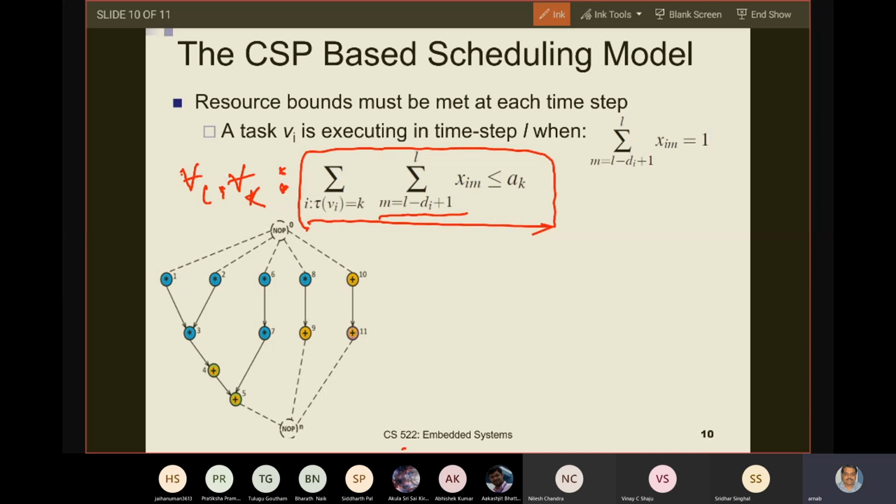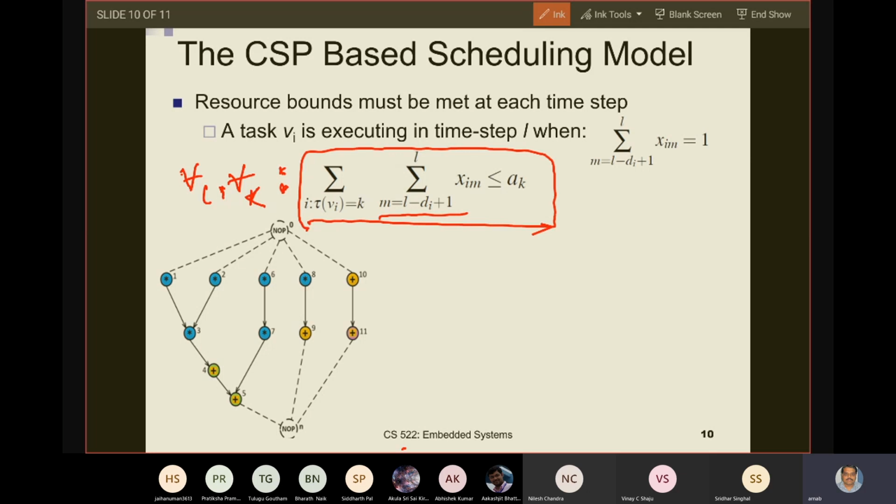Again, understand the question I have asked. I have a task whose execution time is 3, and I want to know whether this task is executing at time step number 10. Now, when will this task be executing at time step number 10? If this task has started in time step number 7, then it executed at 7, 8, 9 and finished, so at the 10th time step this task is not executing.